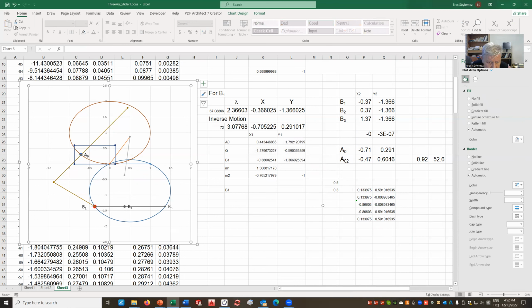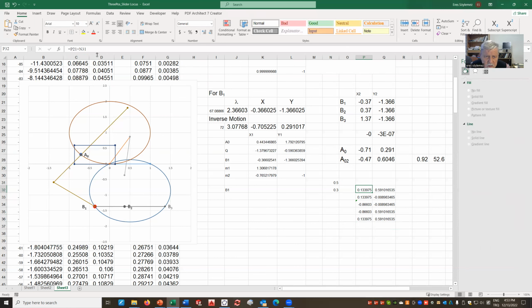What happened? Oh, I have used A0. Okay, I'll change it. I have used A0 for that, for x coordinate. It's too big, right? So make this 0.4, make this 0.2.